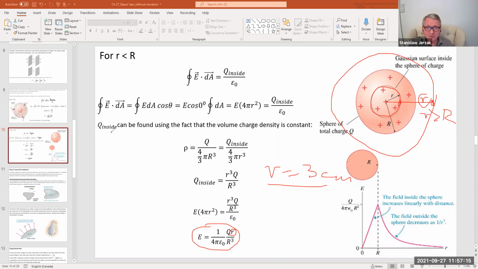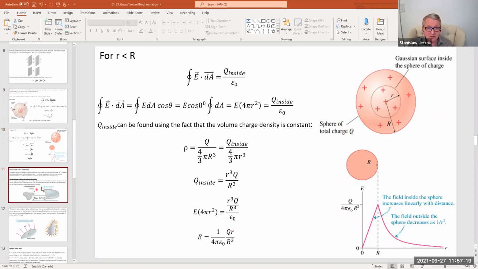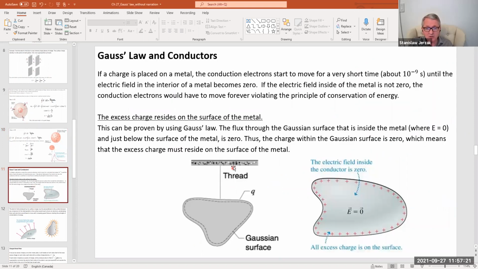So let us move forward. Another application of Gauss law, which I would like to use, is to analyze what happens when we charge a metal, a good conductor. I remember in physics 1801 that was done, but I would like to now use Gauss law to make a few conclusions.